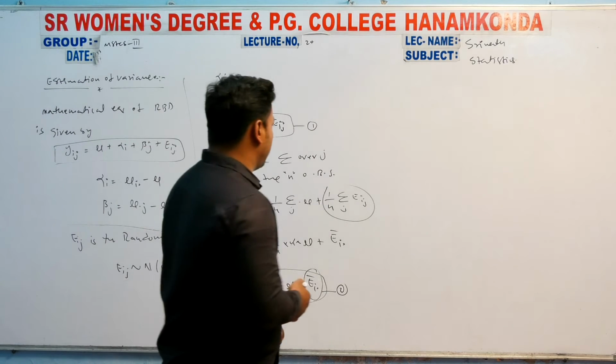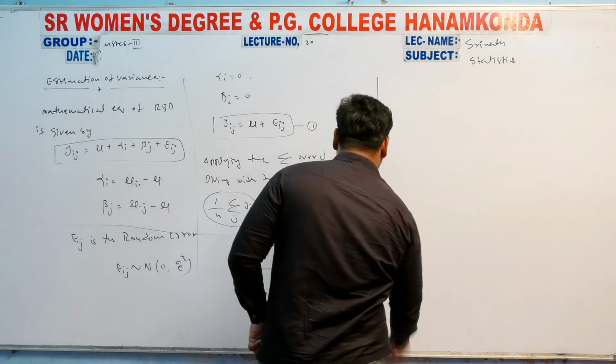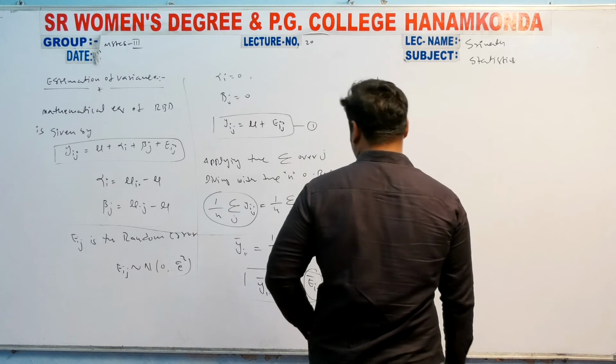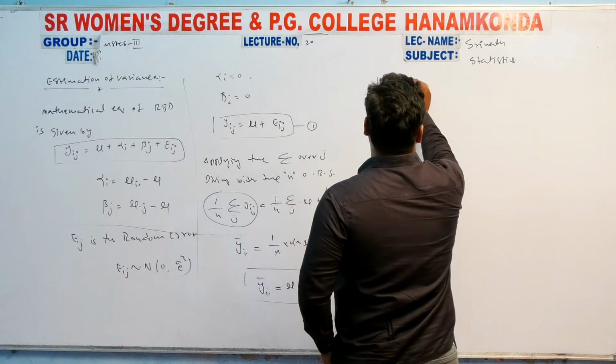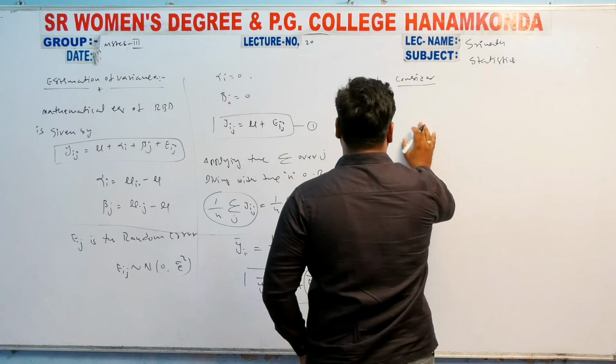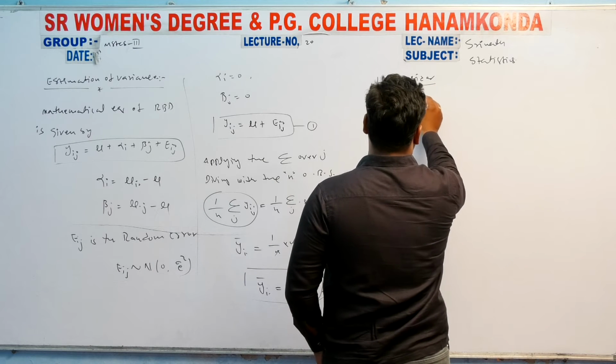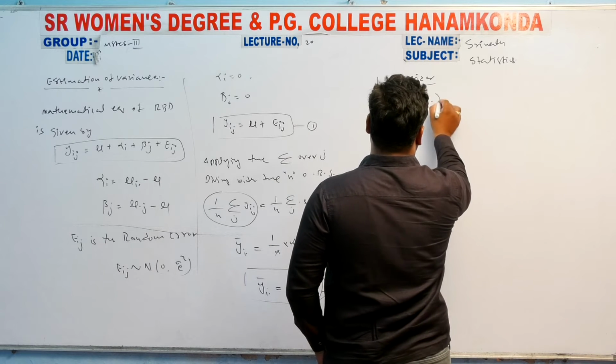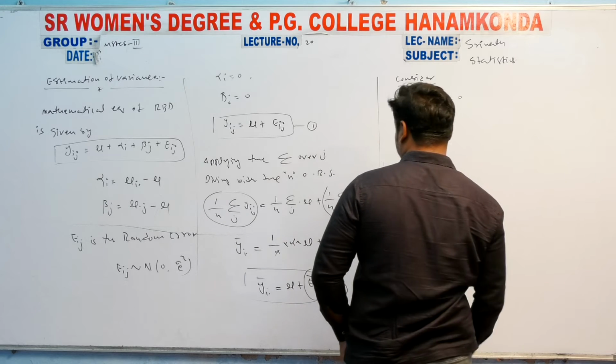Then consider expectation of Ei dot bar equal to 0.